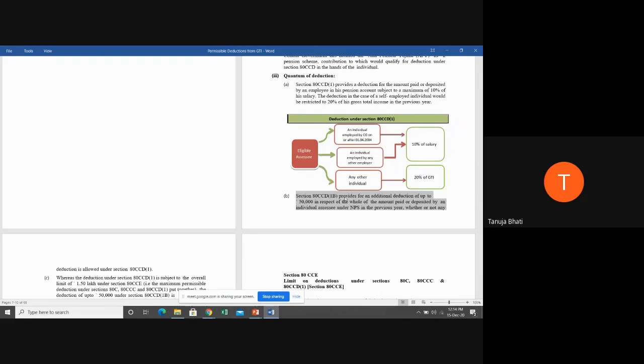It says that apart from section 80CCD(1), if any individual is contributing to the NPS scheme, the National Pension Scheme, he will be given a further deduction of 50,000. Apart from that 10% of salary and 20% of GTI, he will get an additional benefit of 50,000 as a deduction.